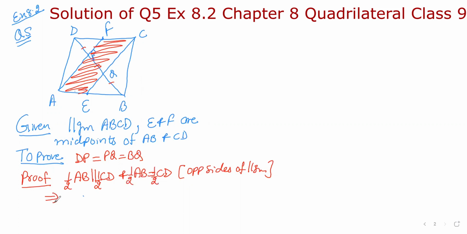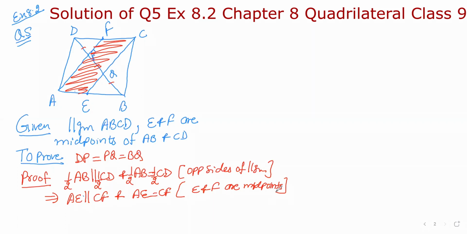It implies, since E is a midpoint, AE is parallel to CF. F is the midpoint, CF. And AE is equal to CF. Reason, E and F are midpoints. Now AE is parallel to CF, AE is equal to CF.